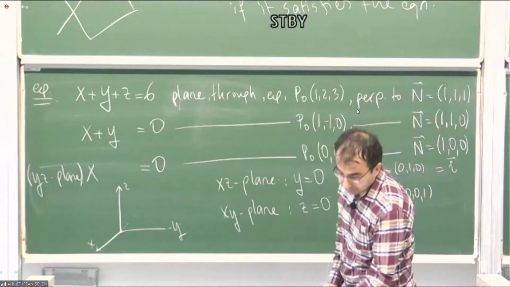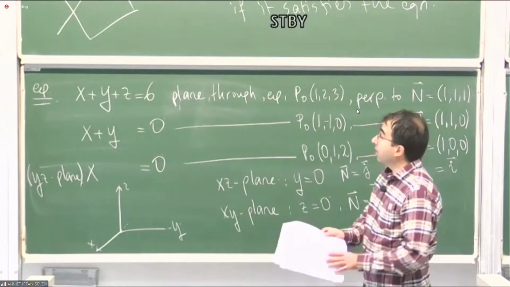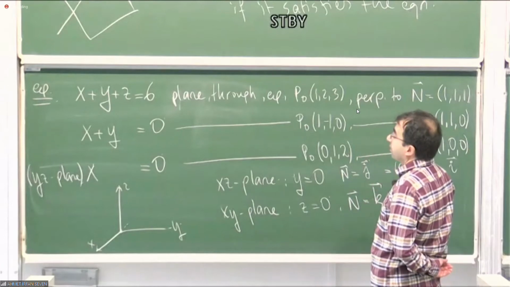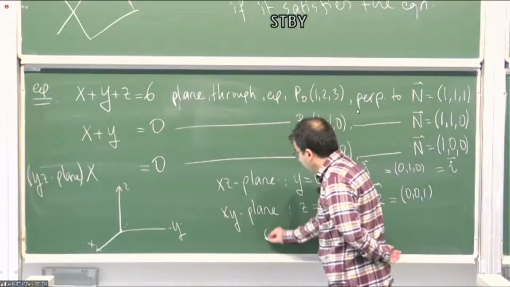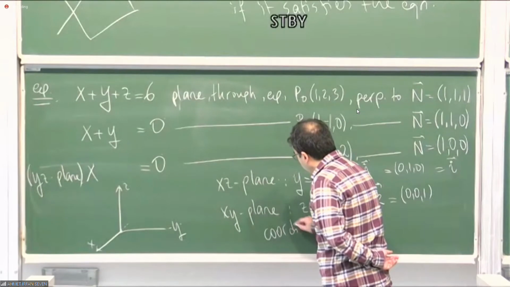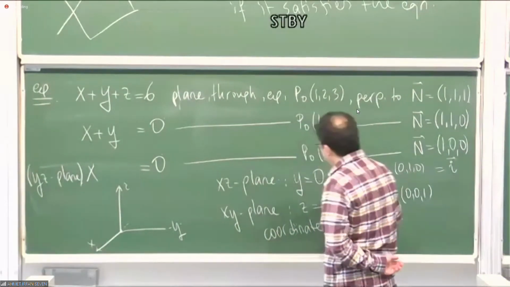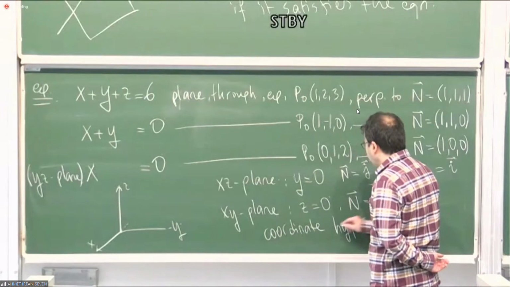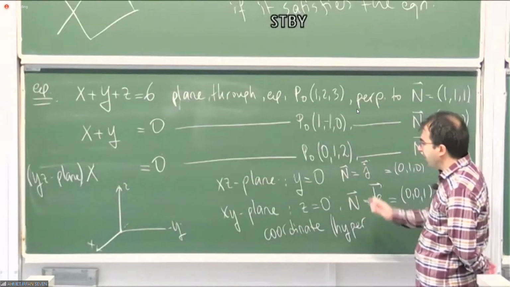All right. Okay. x plus y equals 0. So these are called coordinate planes. They are also called coordinate hyperplanes, but for space, plane and hyperplane are the same.